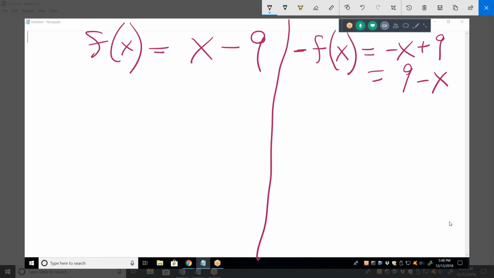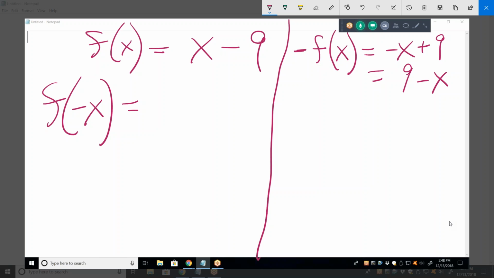Now we'll do our test. In other words, now we know what f of x is and we know what negative f of x is. So let's test this function. What's f of minus x? In parentheses, minus x minus 9.